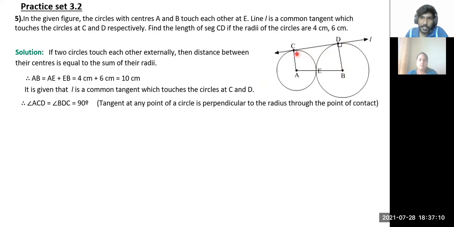So angle ACD is 90 degrees, and angle BDC is also 90 degrees. Both of them are equal. Angle ACD equals angle BDC, which is 90 degrees. You can also write this by the tangent theorem: the tangent at any point is perpendicular to the radius. Is it clear up to here?